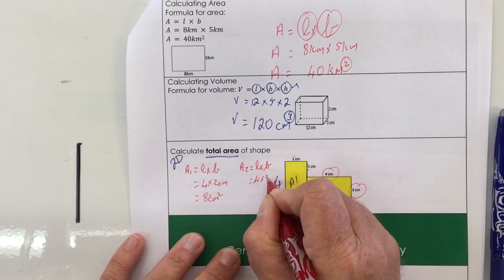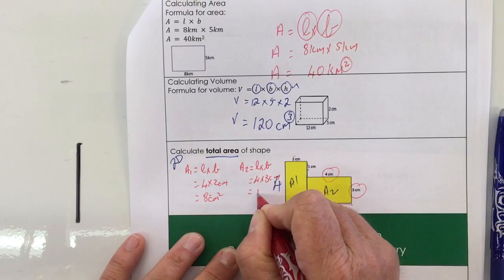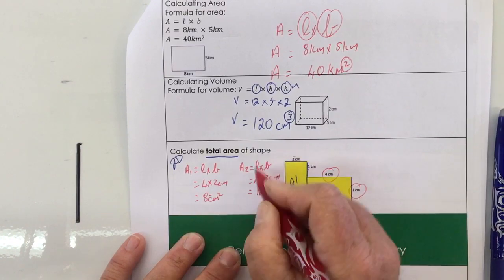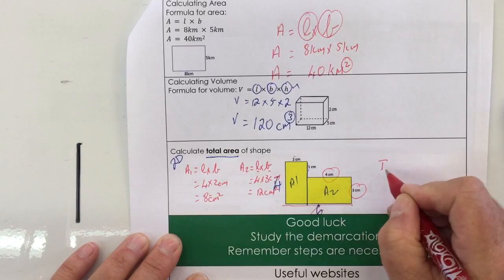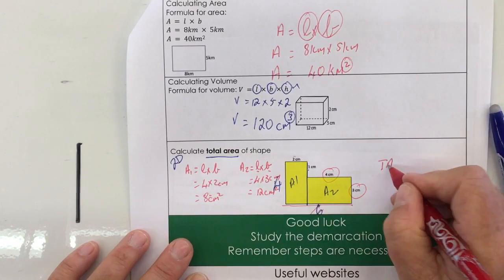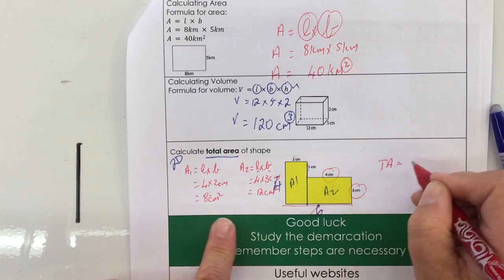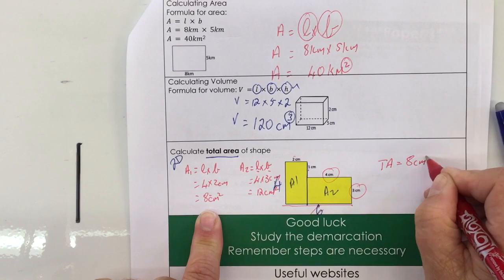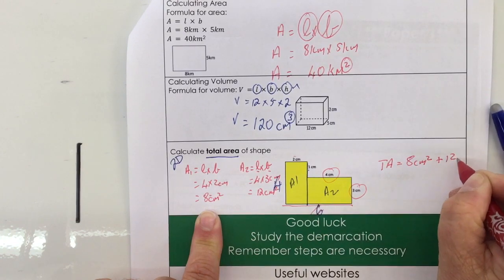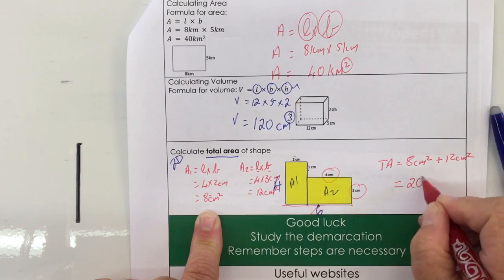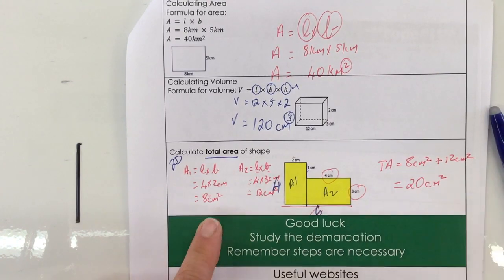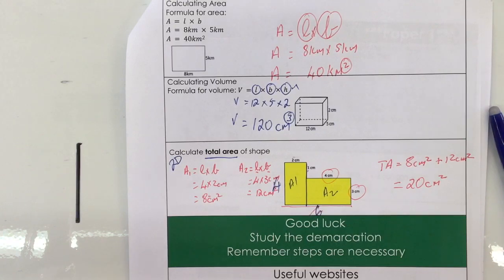So 4 times 3 centimeters is going to give me 12 centimeters squared. These 2 letters there. Now, total area of the shape is 8 centimeters squared plus 12 centimeters squared, giving me a total of 20 centimeters squared. Area is always squared.